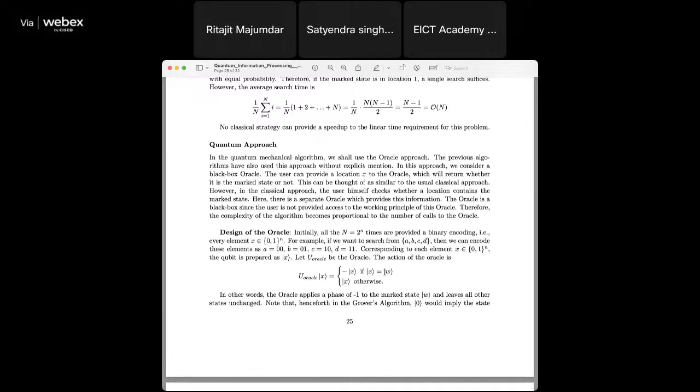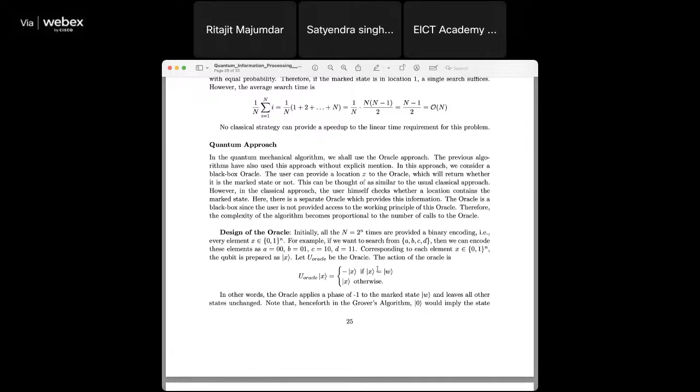So let's suppose that w is the state that you are looking for. In terms of database search, w is what you are searching. In terms of, say, a combinatorial optimization problem, w is the solution that you are thinking of, or the correct solution. In general, this w is called a marked state. It is the state which is marked, and you are trying to find out that marked state.